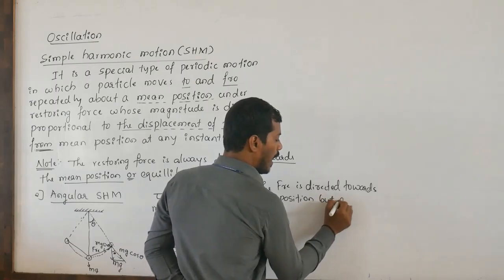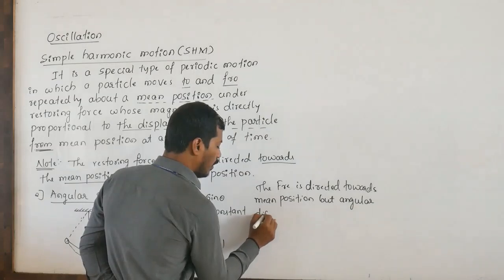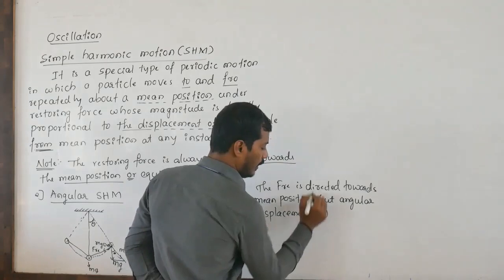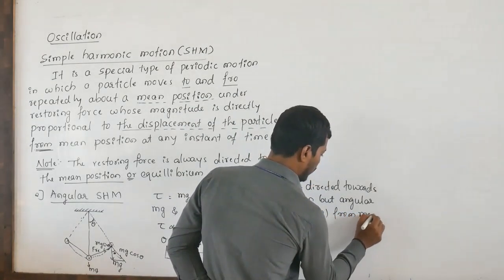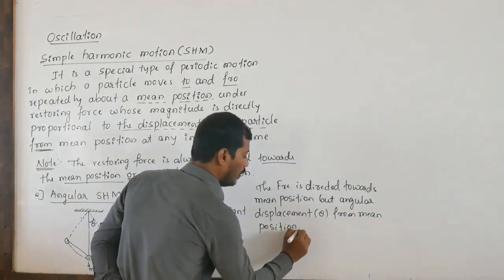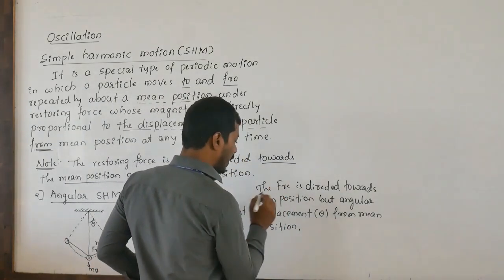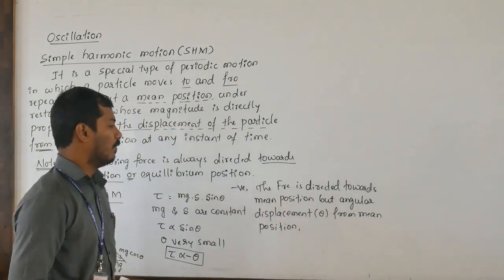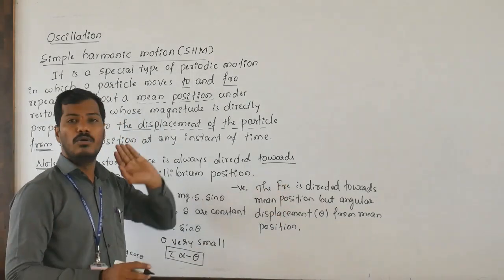But the angular displacement of the particle, that is theta, is from the mean position. It means in the opposite direction. The negative sign indicates this. Fr is the restoring force.